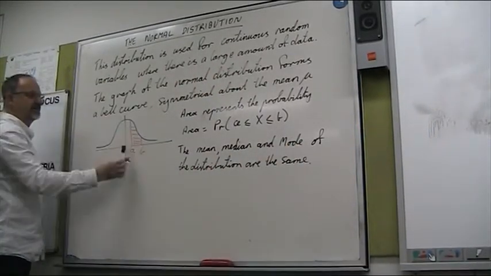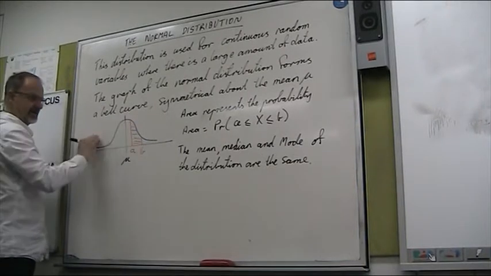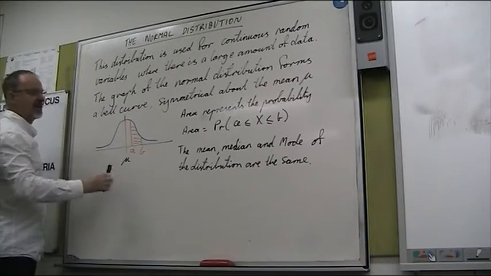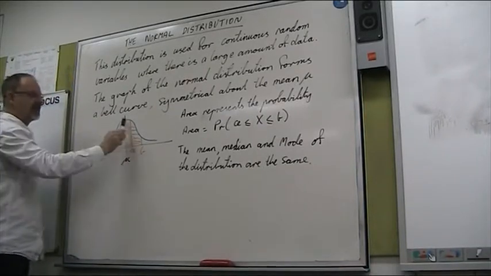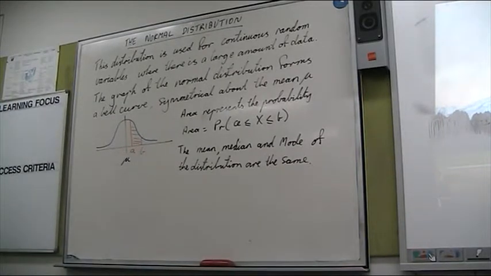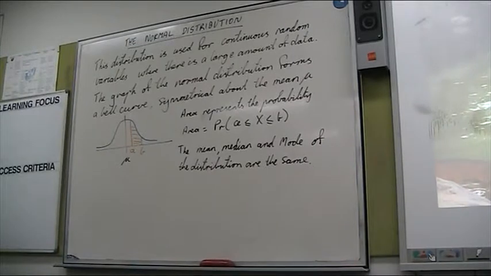Alright, so if this is the mean, if it's symmetrical about, then that puts this in the middle, which is the median, and then the mode is the one that's the most common, which is the highest point, which is there in the middle as well. So that is a feature of the normal distribution.